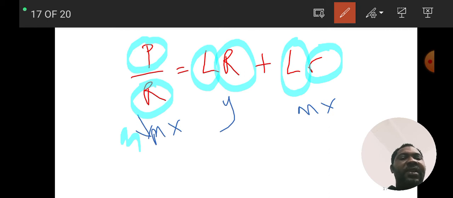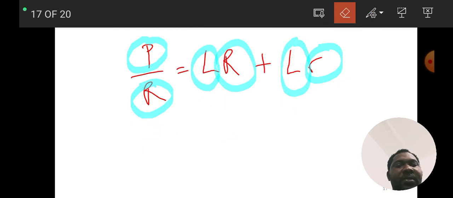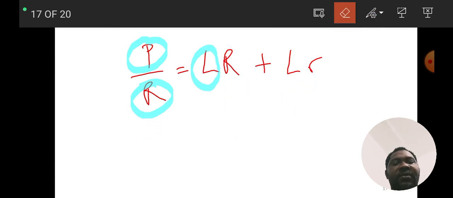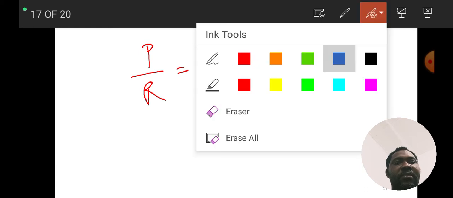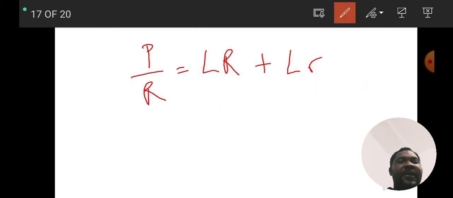So we must find a way to transform this equation to look like a straight line graph, and not only that, to draw a graph that represents this. Let's rub this off. Okay, fine. Now the first thing I can choose to do here, you can do anything as long as what you're doing is correct.